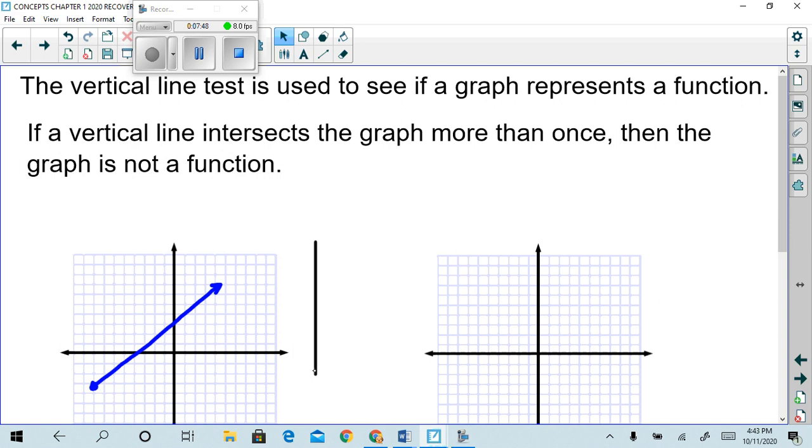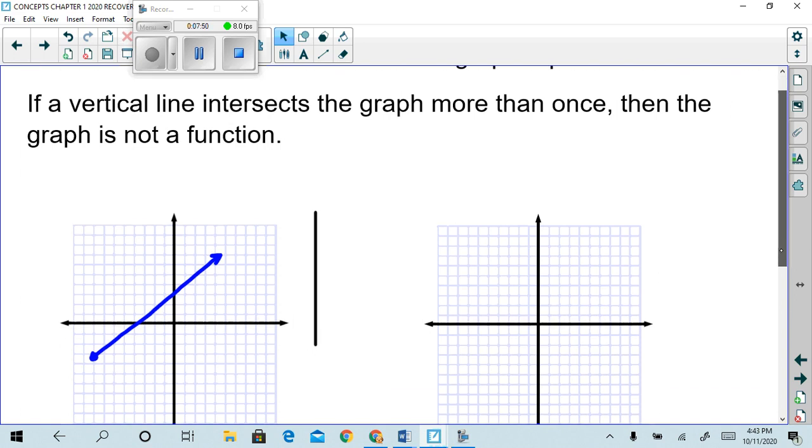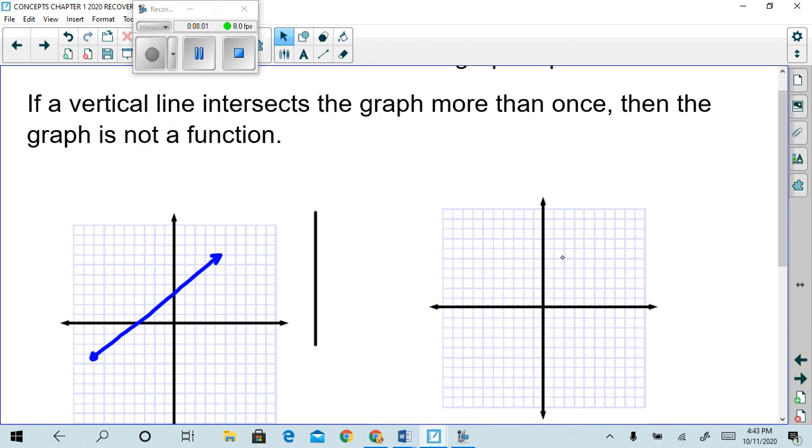However, in my second graph, let's just suppose that after graphing some points, I had something that looked like this.